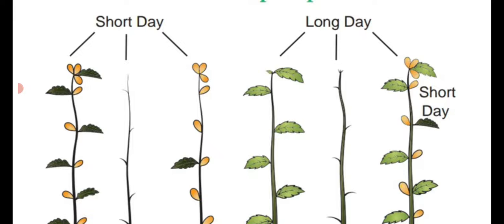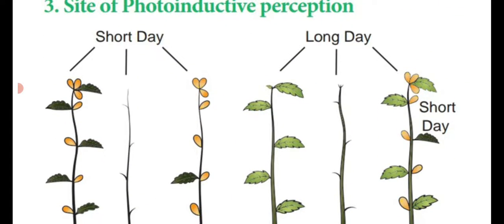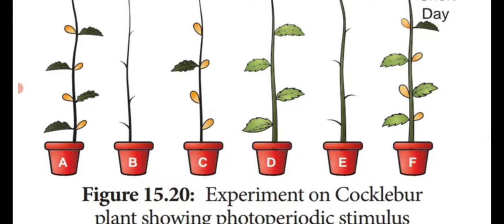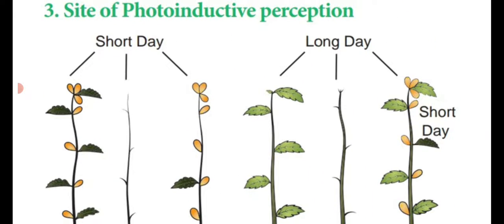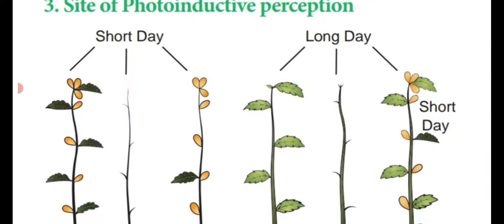When you are coming to the long day plant, what is a long day plant? Plants which require long critical day length for flowering are known as long day plants. In the first potted plant, they contain many leaves. Second plant, there are no leaves.